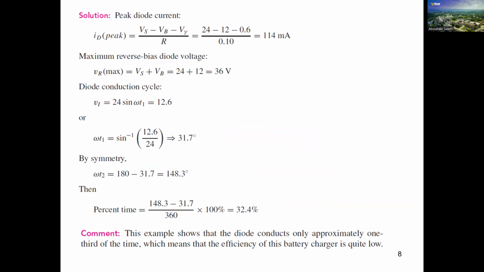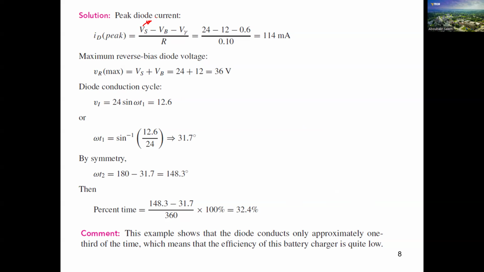Firstly, I peak equals V supply peak minus V battery minus V gamma, divided by R. I didn't calculate the RMS values here, so I will take the V supply as a peak value. So Vs here, guys, is a peak value. And we mentioned that this peak value is 24 according to the relation we have. It was 24 sine omega t.